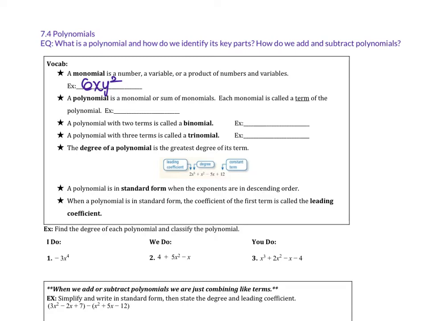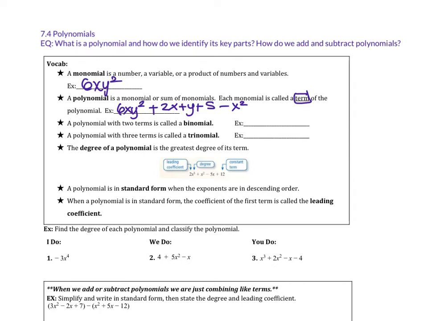A polynomial is a monomial or a sum of monomials, meaning that it is multiple terms. Each monomial is called a term of the polynomial, and those terms are separated using addition or subtraction symbols. So a polynomial could be something like 6xy squared plus 2x plus y plus 5, minus x squared, something along those lines.